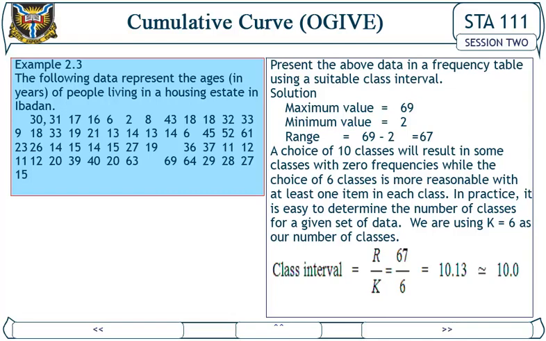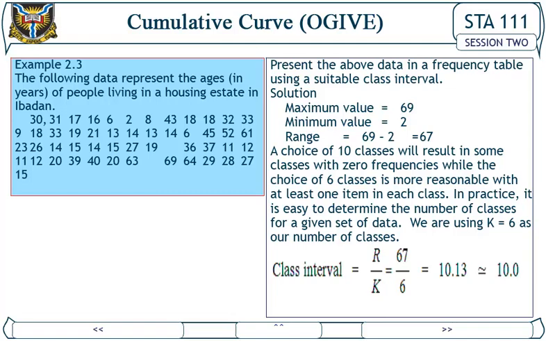Solution: maximum value is equal to 69, minimum value is equal to 2, range is equal to 69 minus 2, which is 67. A choice of 10 classes will result in some classes with 0 frequencies, while the choice of 6 classes is more reasonable with at least 1 item in each class.